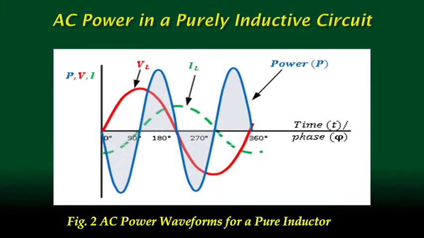AC power in a purely inductive circuit. Therefore, the real electric power is stored by a pure inductor. Say VI cos phi, where phi equals 90 degrees. So cos 90 is 0. That means power equals 0 watt. Clearly then, a pure inductor does not consume or dissipate any real or true power.